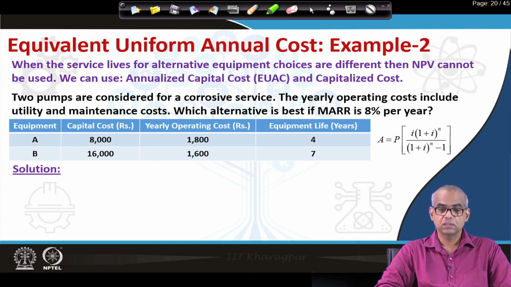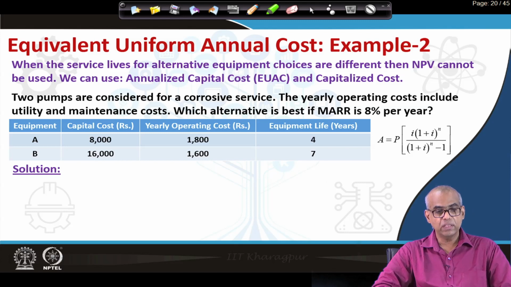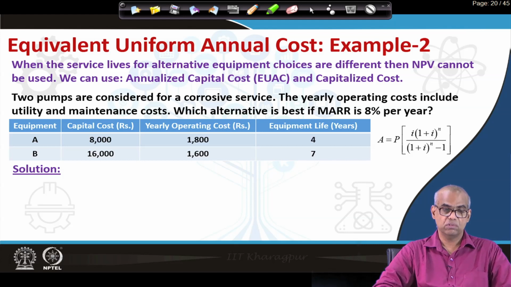Now, let us look at another example where you have to compare equipment with different service lives. When the service lives for alternative equipment choices are different, then NPV cannot be used. We can use annualized capital cost, equivalent uniform annual cost and capitalized cost.